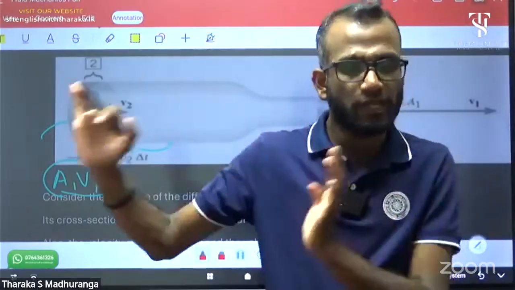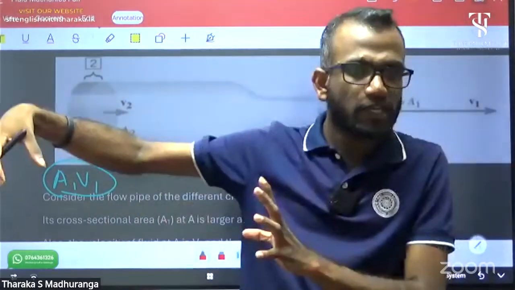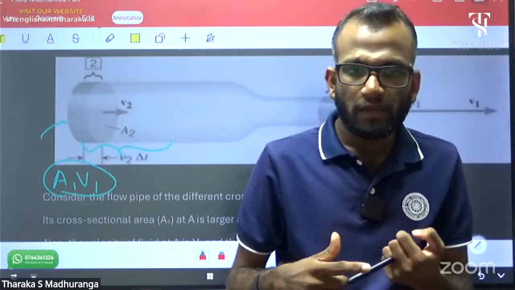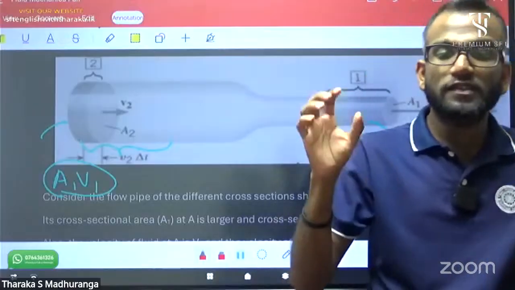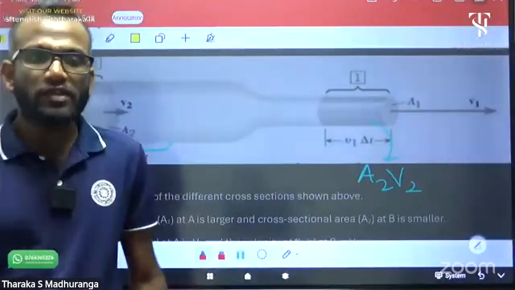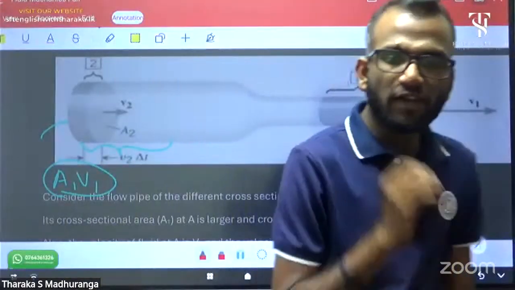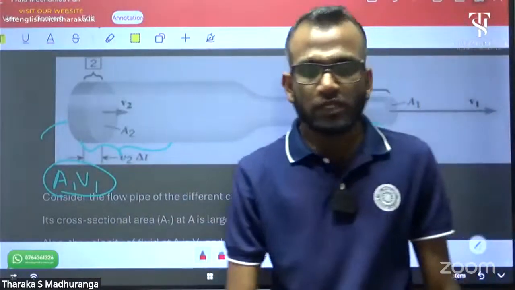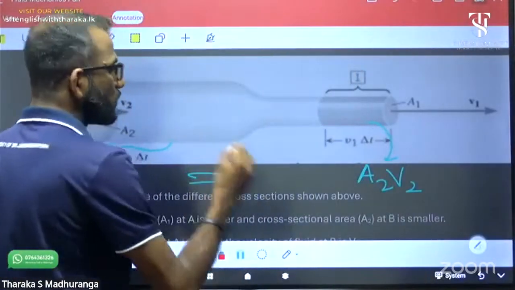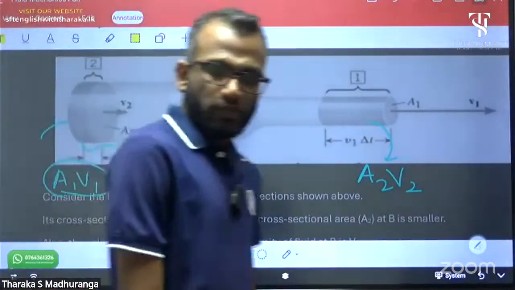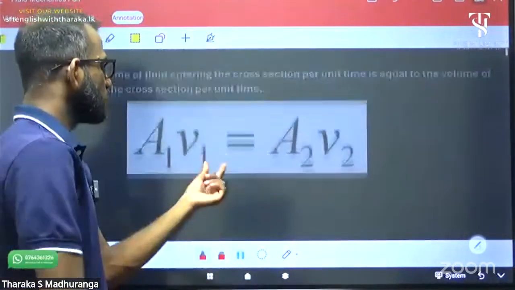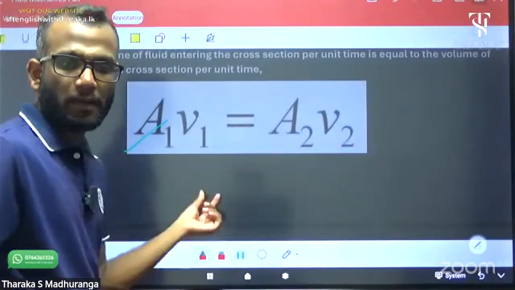Continuity means we are flowing in a steady condition. Then if it is continually flowing, the continuity equation is A1 V1 equals A2 V2.